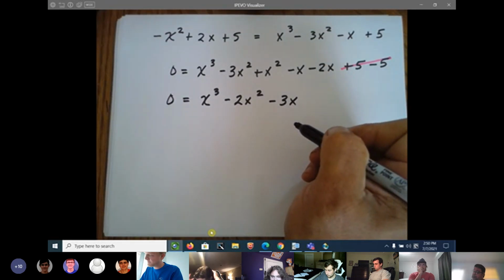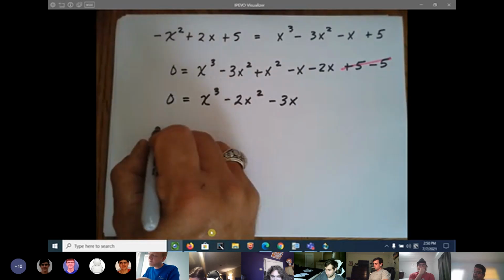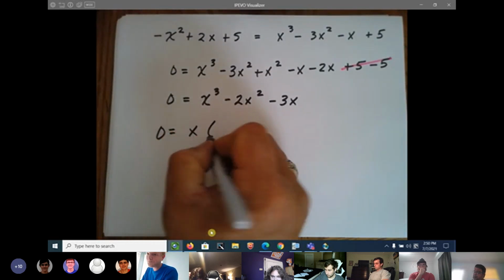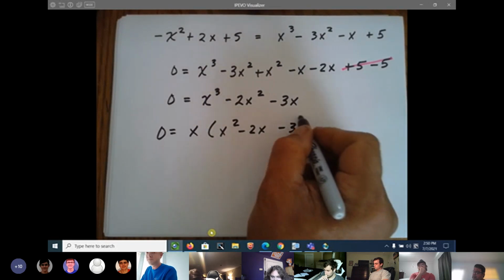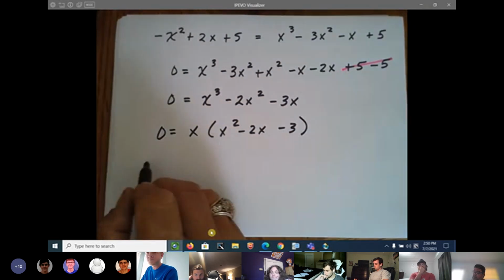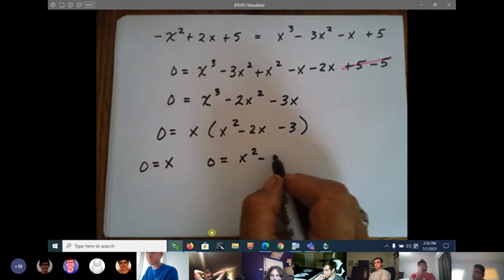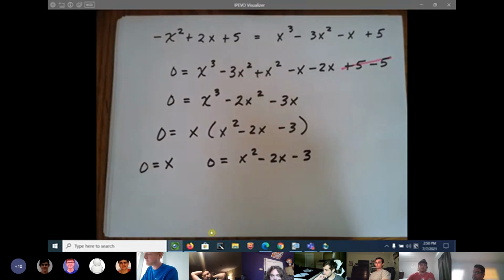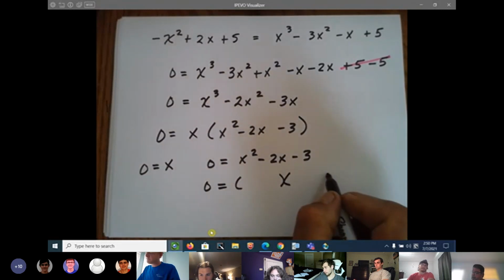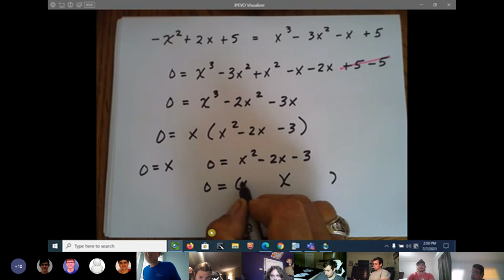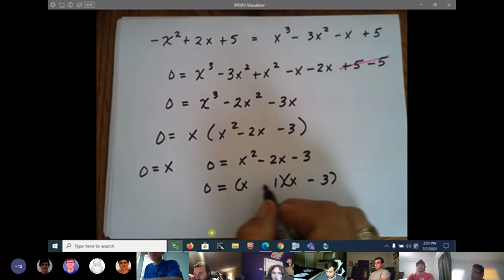Y'all help me out. Does that look good? Factor out an x: x times x squared minus 2x minus 3. So 0 is equal to x, and 0 is equal to x squared minus 2x minus 3. Use reverse FOIL: 1 and 3, negative and positive.